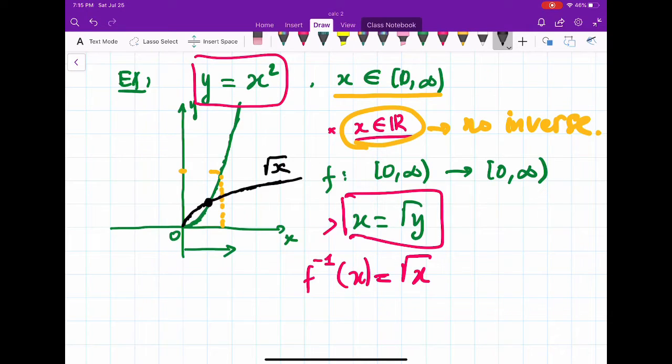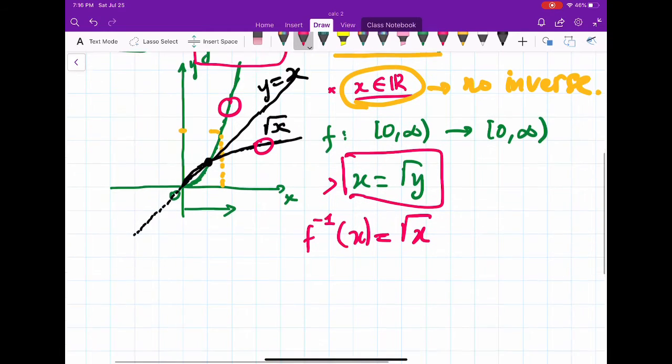I hope you can guess: actually, these two graphs are symmetric with respect to the straight line y equal to x. This is y equal to x, and this graph and this graph are symmetric with respect to it. Why?